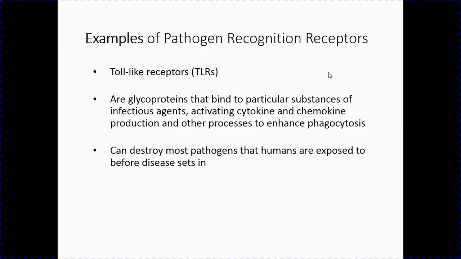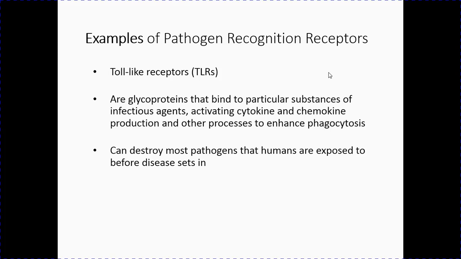And it's those PAMPs that the pathogen recognition receptors will find. Let's look at some examples of a human pathogen recognition receptor. There are several different kinds. The ones that I tend to think of most commonly are the ones we call toll-like receptors. It's a strange name, but it is what it is.